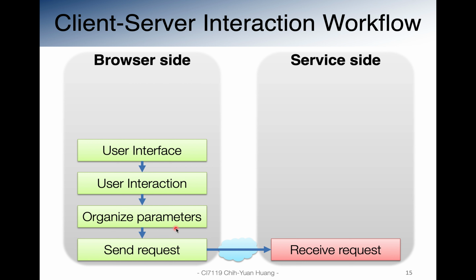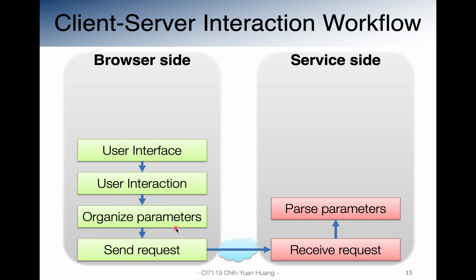The service will receive that request, and according to the API document that it defines, it knows how to parse the parameters out of the HTTP request. After parsing the request, it receives some parameters. Then the server side will understand what the user wants to do.